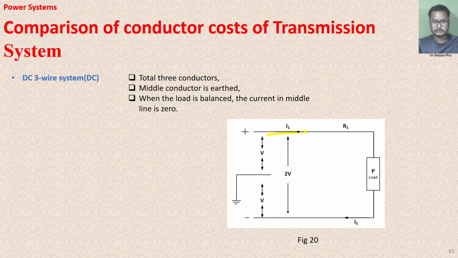Then there is another one, and the middle conductor is earthed. When the load is balanced, the current in the middle line is zero.